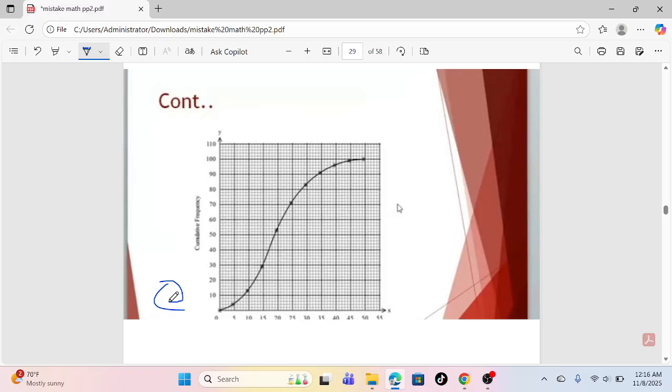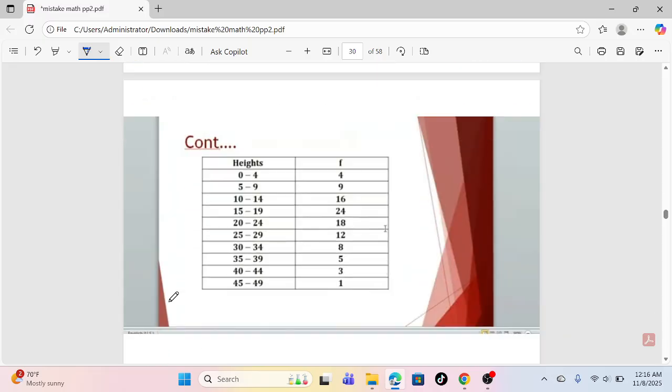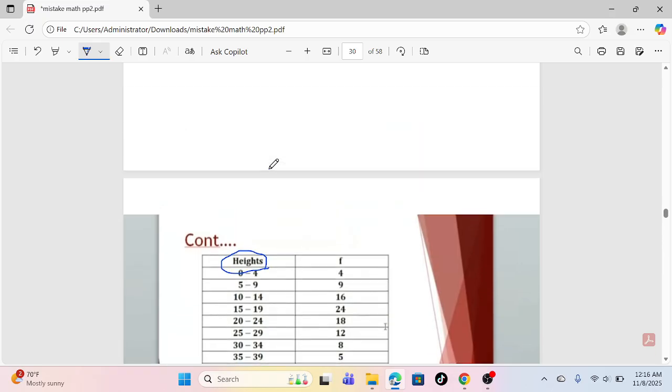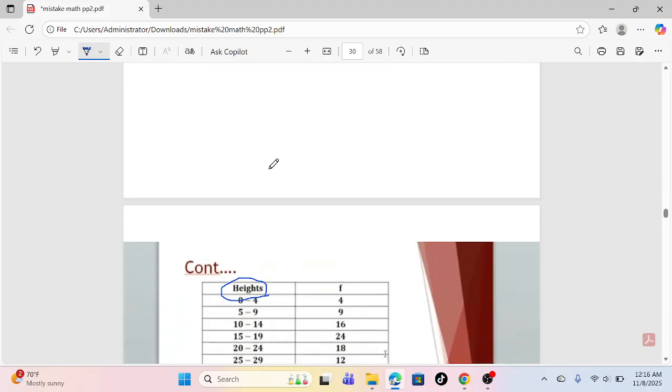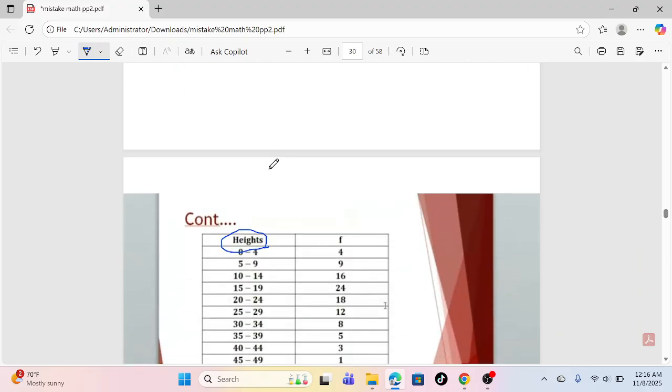So for example, look at this example. Height is 0 to 4, 5 to 9, 10 to 14, 15 to 19, 20 to 24, 25 to 29, 30 to 34. So the height can never be negative. So what will you do? Because ile tungefaa tuchore ni boundaries. So the boundaries, the lower limit sasa ni gani?